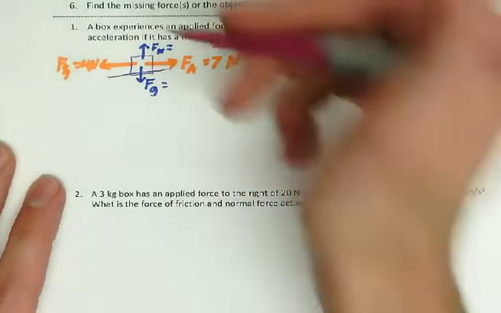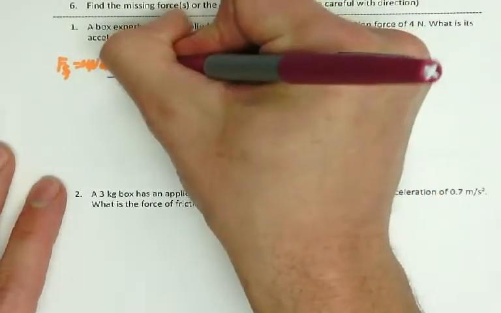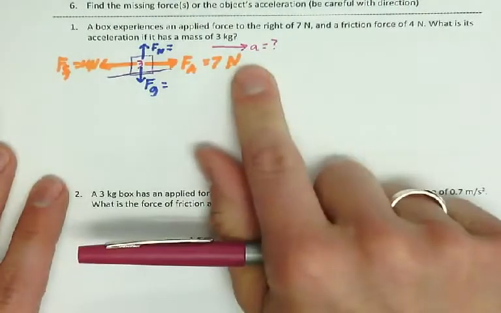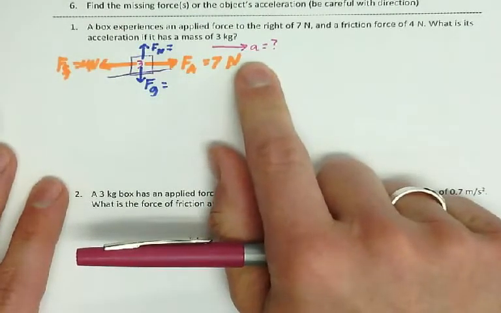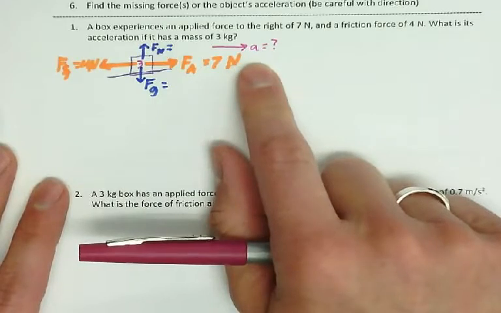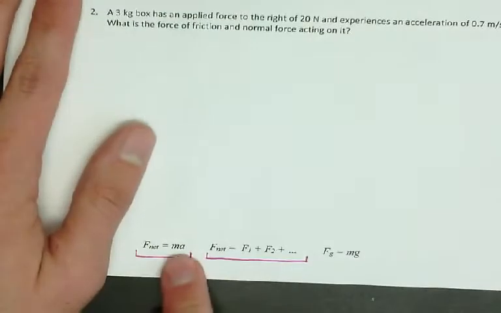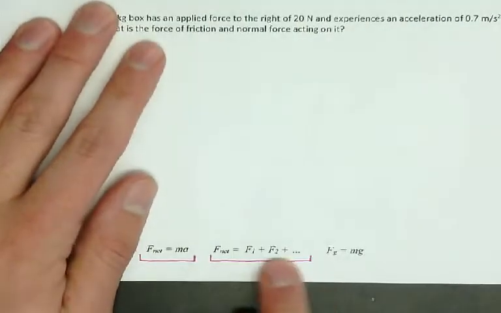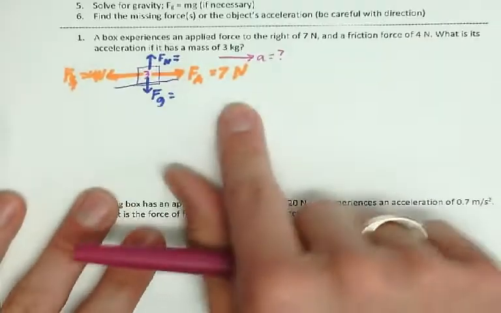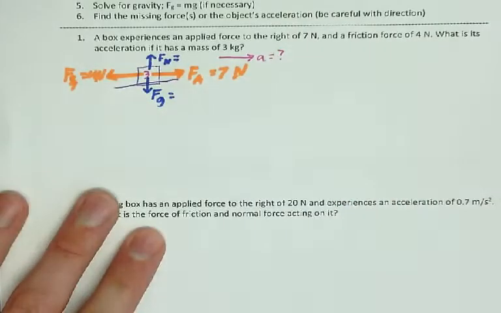Well, I do know the mass, it's 3. I do know the acceleration is to the right, but I don't know what the value is. So because I don't know the value, I can't use F net equals ma. But I do know the forces acting on it, 7 and 4 in the opposite direction.